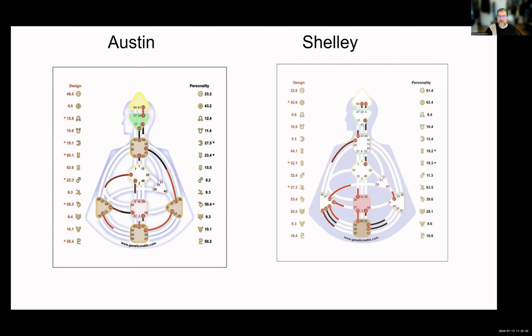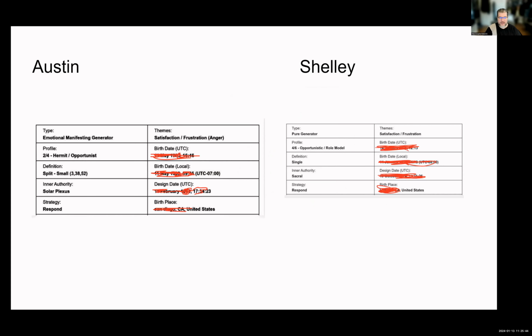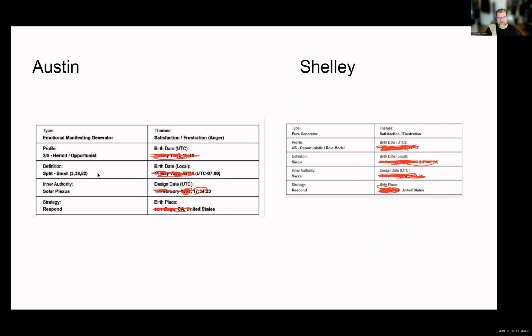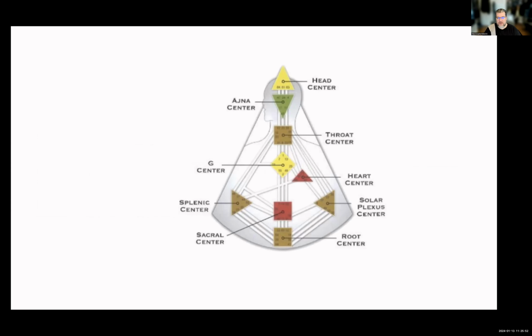You saw in my chart it said split definition. So I got two things going on, right? I got this analytical side of head and throat and everything, awareness and thinking and expression to the root. And I got this other one of gut feeling.